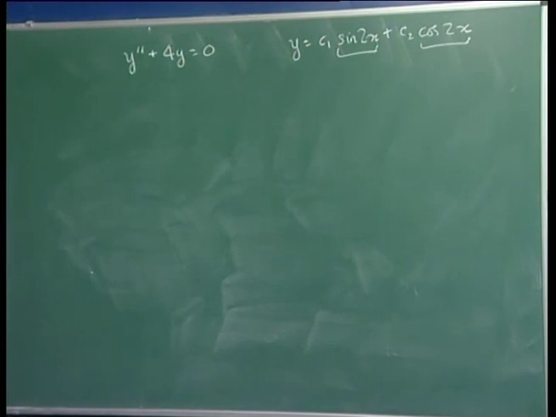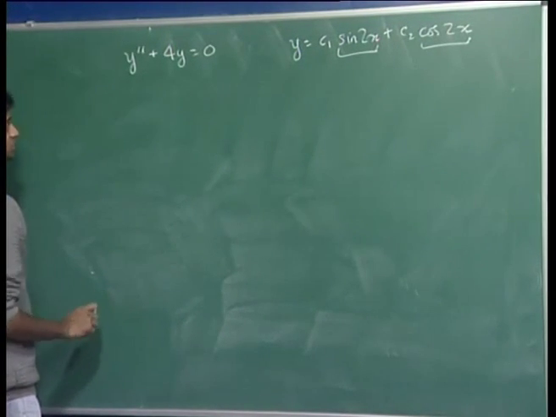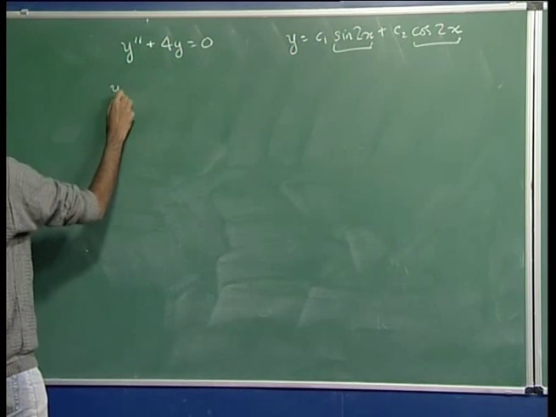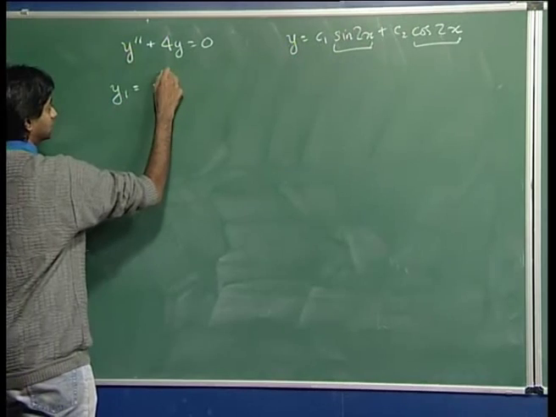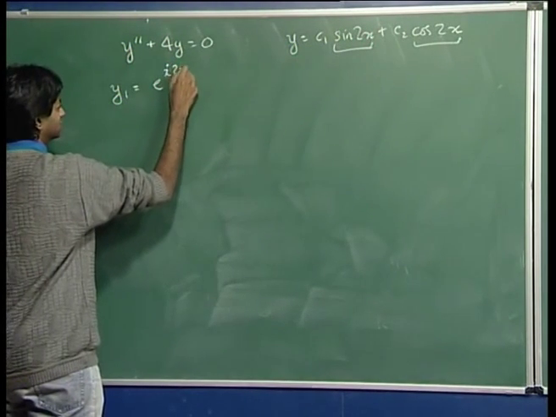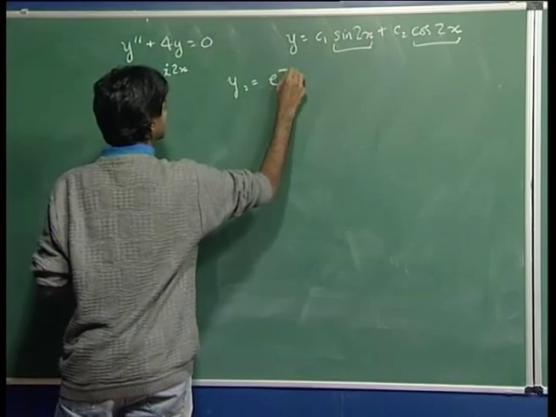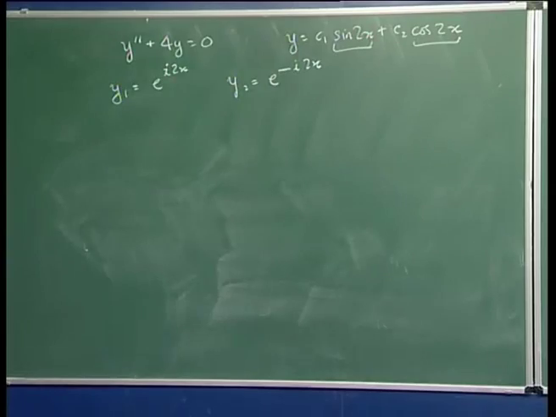Now the next thing is let's try to do it in a slightly different way. Instead of saying sin 2x and cos 2x, suppose I had said y1 is equal to e to the i 2x and y2 is equal to e to the minus i 2x.